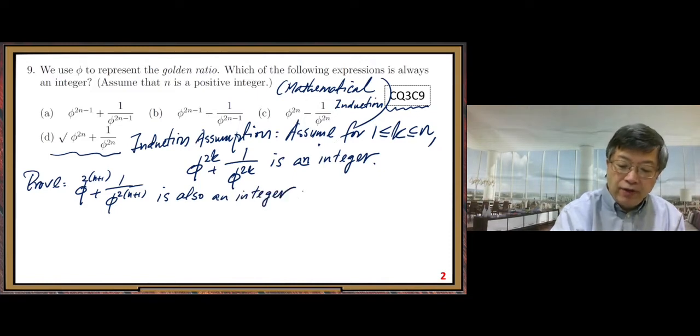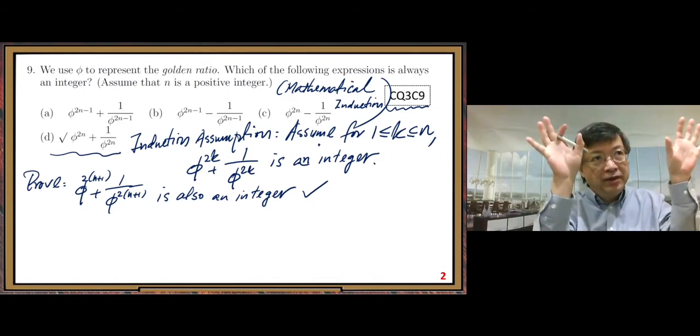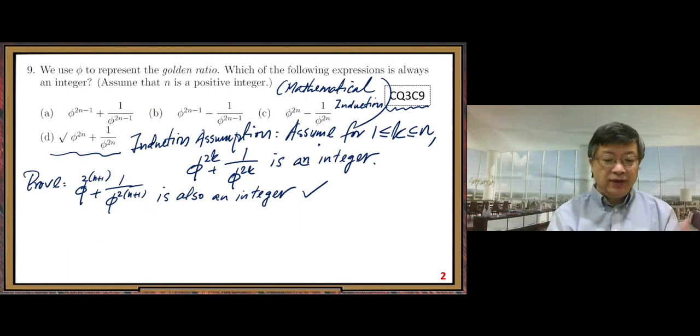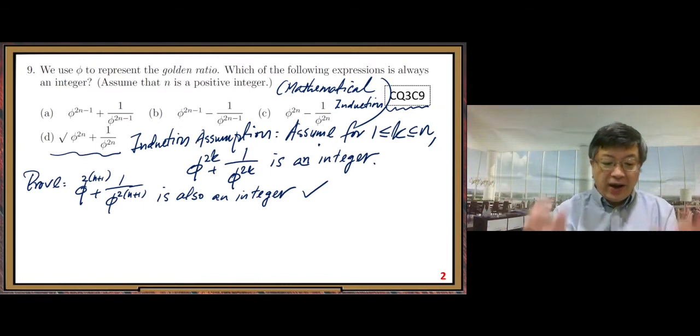If we can prove it, then we're done. So we prove the whole statement is correct. That's the mathematical induction. The power of the mathematical induction. All right, how to prove?